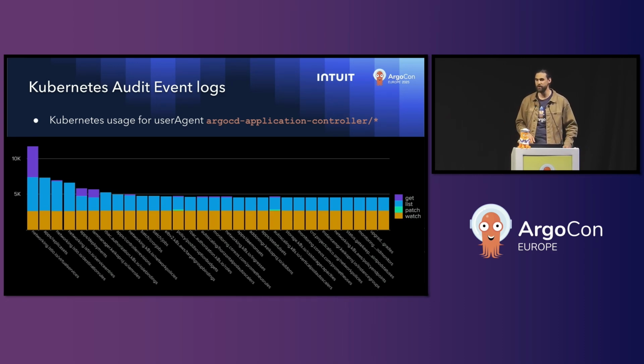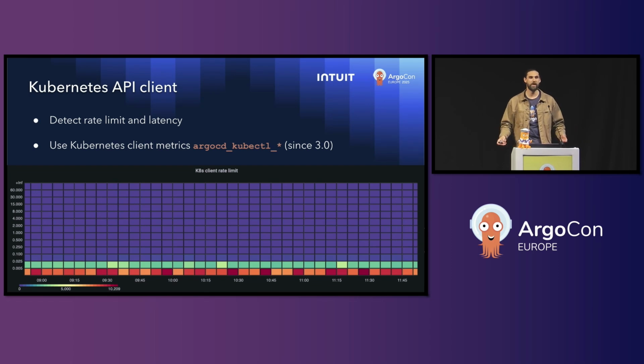You can use the user agent Argo CD application controller, group all those requests, and you can see if any kind is using a lot of the API calls. That happens because when we interact with Kubernetes, we have a client-side rate limit. So if one kind is using all the API calls because there's a problem, we're going to get client-side rate limited, and everything is going to be slower.